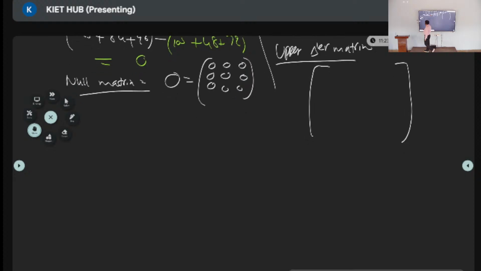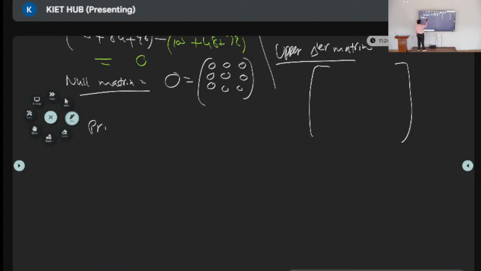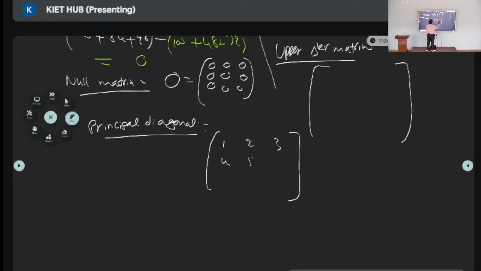Write down principal diagonal. Every square matrix contains two diagonals. Please concentrate. Every square matrix contains two diagonals. What is the principal diagonal in this? 1, 5, 9. See, two diagonals. This is called the principal diagonal. How to define the principal diagonal?